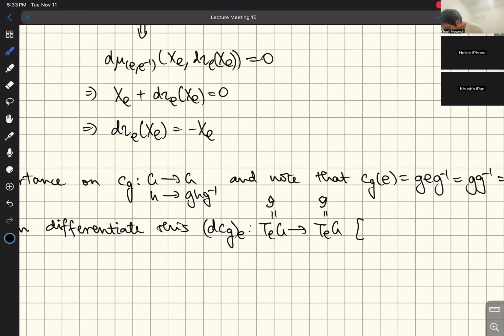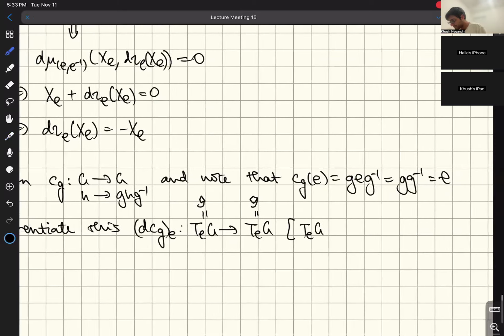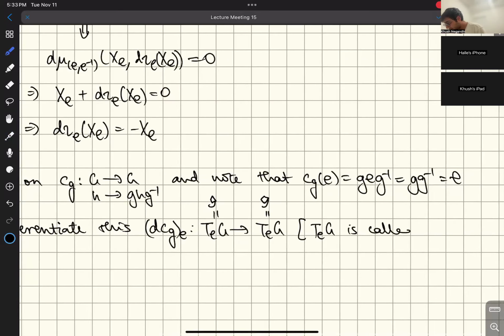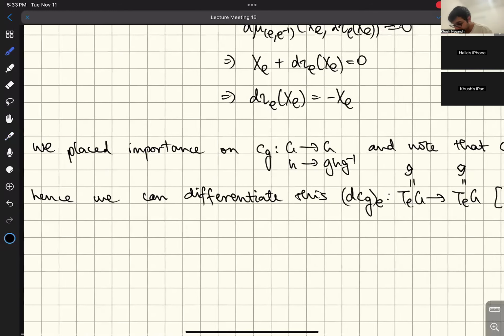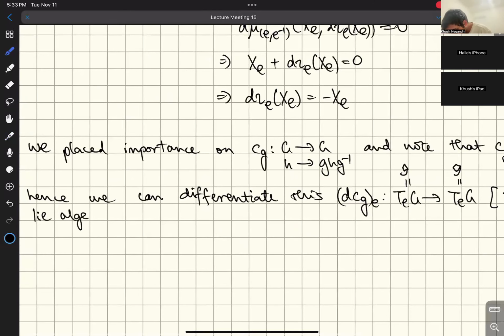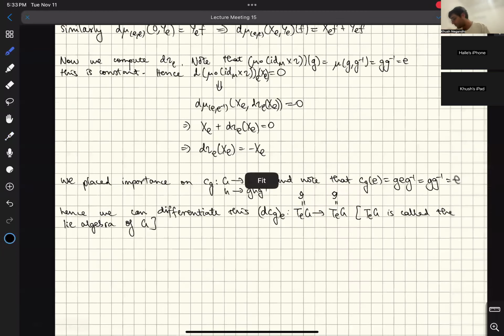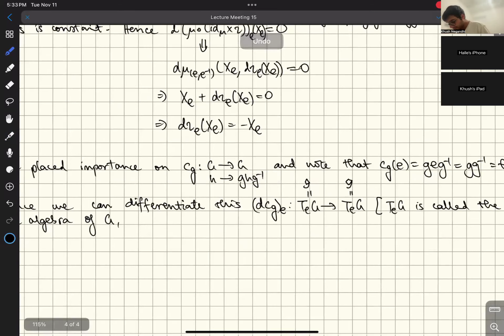So T_e G is called the Lie algebra of G.